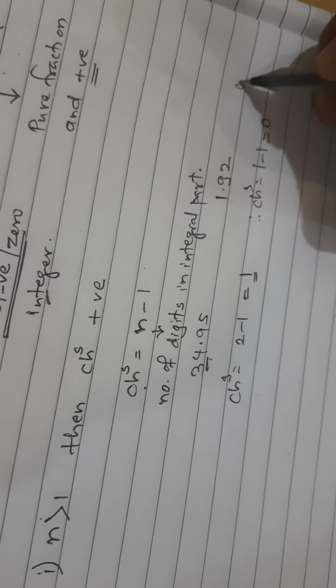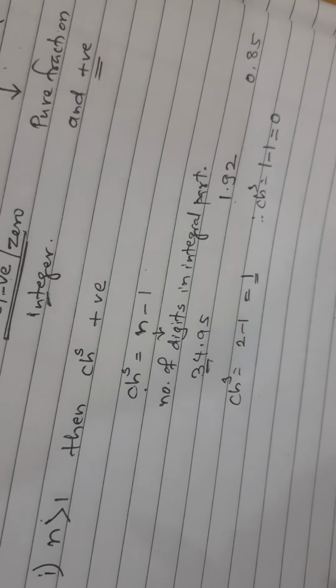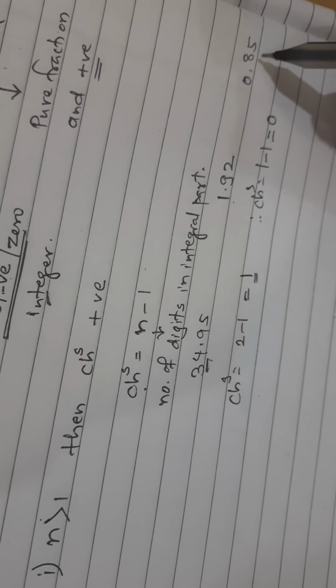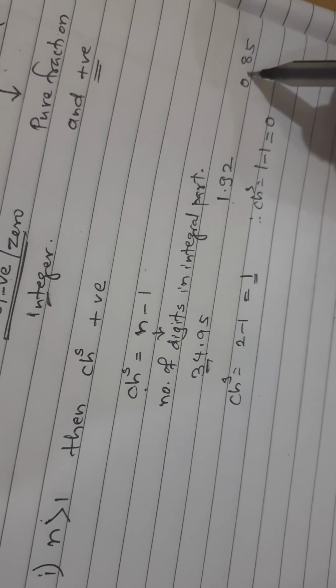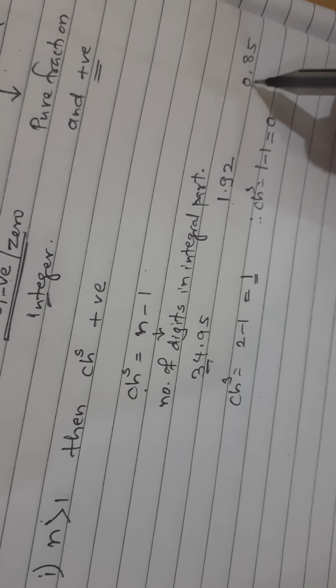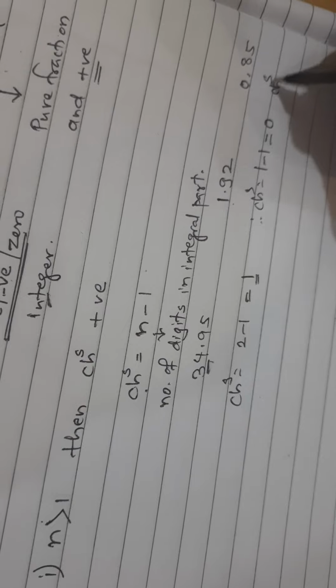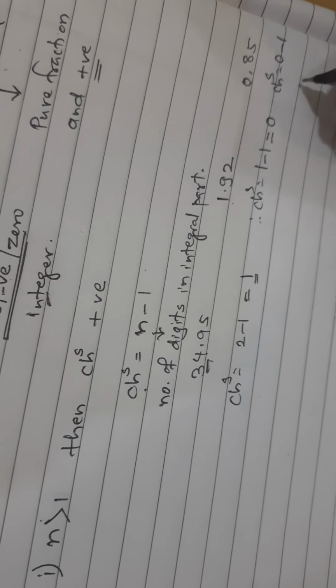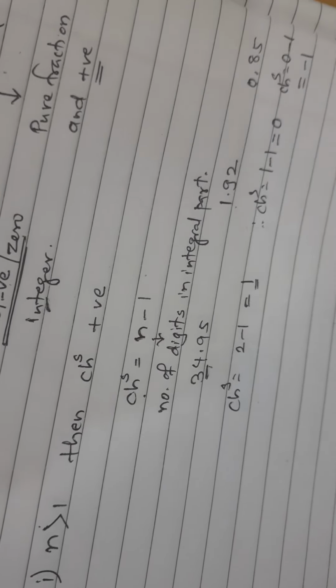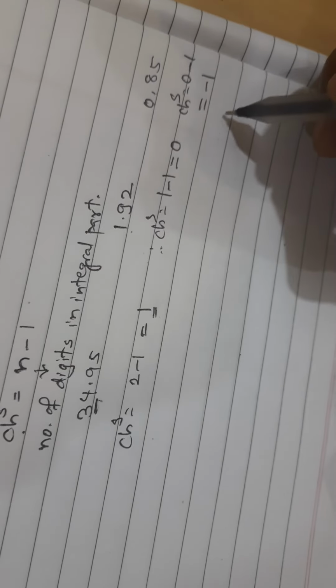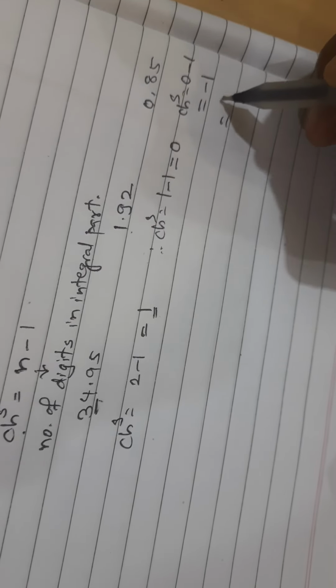Suppose 0.85 is the number. It consists only of a fractional part and is less than 1, and the number of digits in the integral part is 0, and therefore the characteristic is 0 minus 1, which is equal to minus 1. This minus 1 can be written as bar 1.